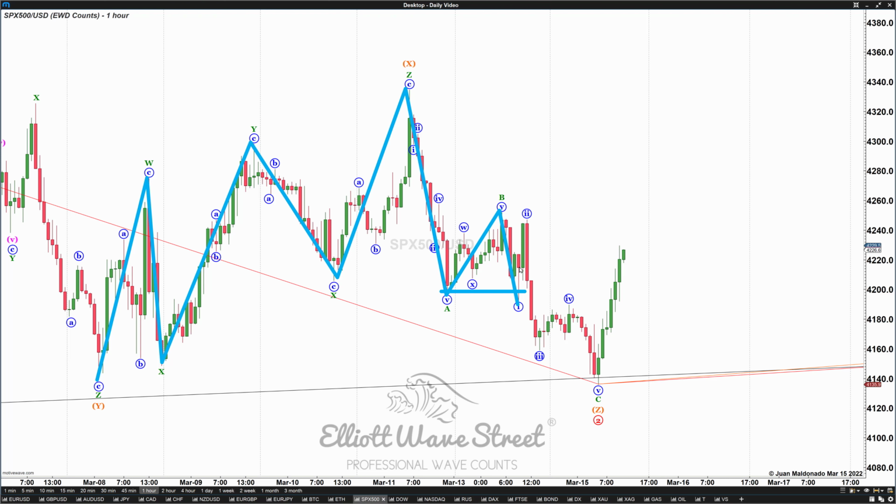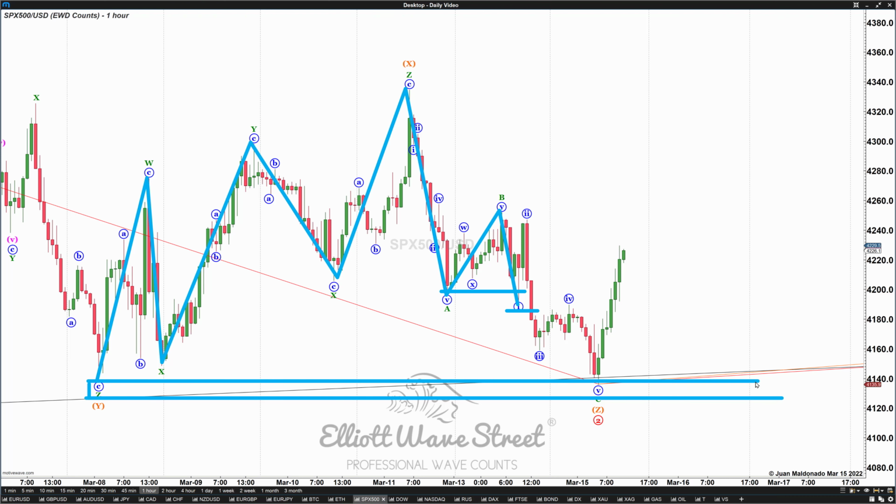That could be an entry, right? In case we went long there, I didn't trigger there, but let's say we did, there are two options to play stops. One is just under this low, and the other is under this low right here, some points under the low, because sometimes the market is going to try and reverse.